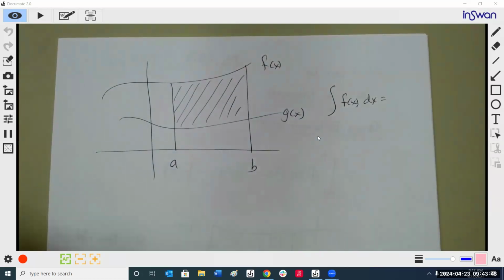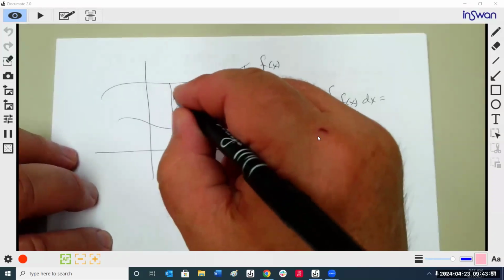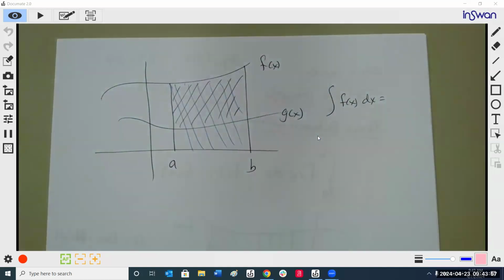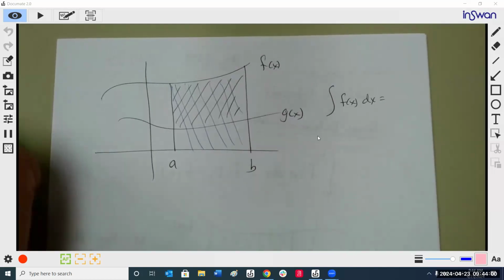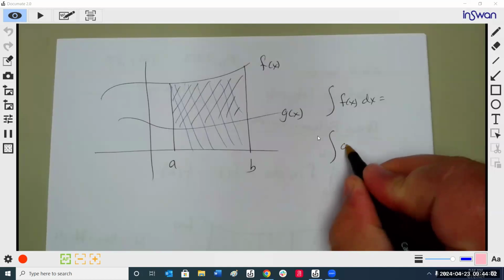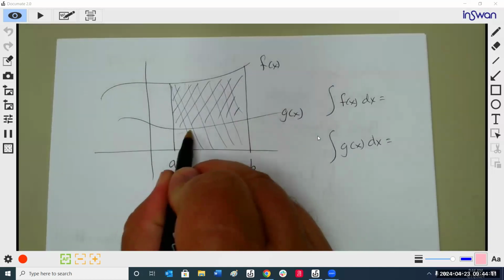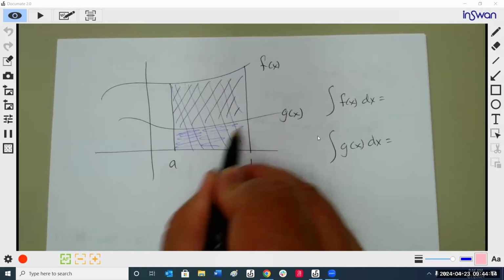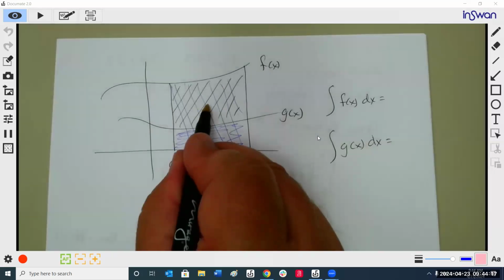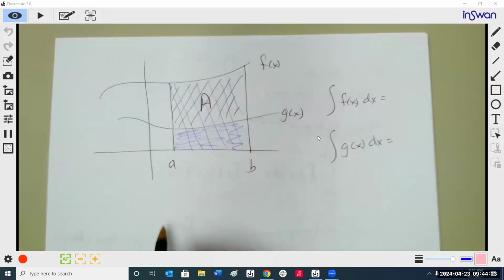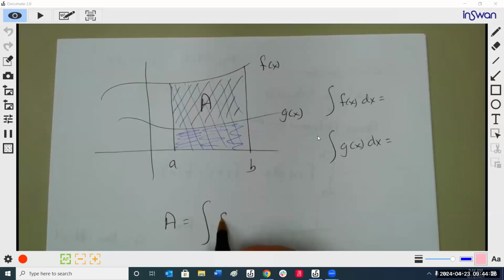The integral of f of x finds everything from the top function all the way to the x-axis. Right? What does the integral of g of x find? It finds everything below the g down to the x-axis. So how do I get this area? To get this area, I've got to take f of x minus g of x.